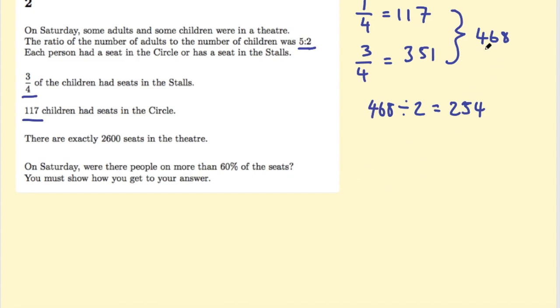So here's the number of children, 468, and we multiply that by 5 to get the number of adults, which will come to 1,170. Now we know how many people in total there are in the theatre. Add those two together and we'll get 1,638 people in total.